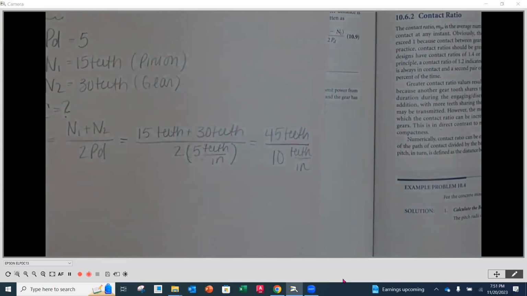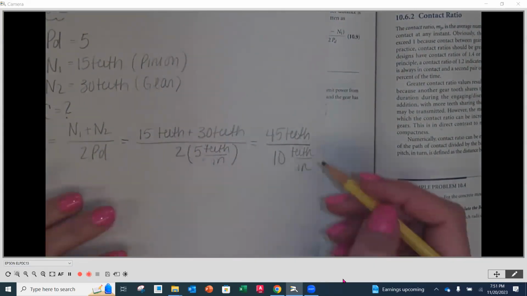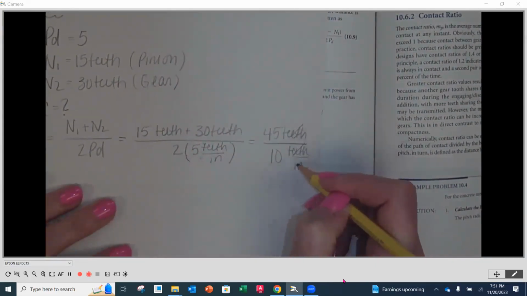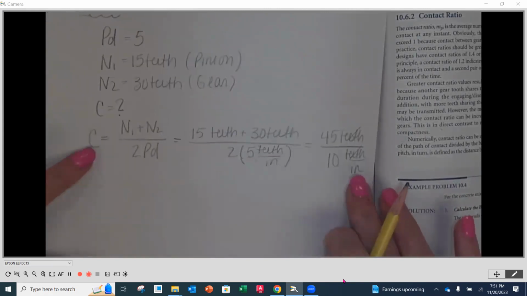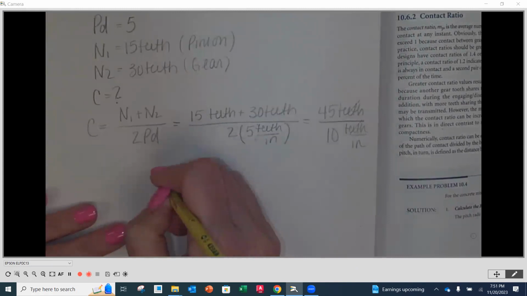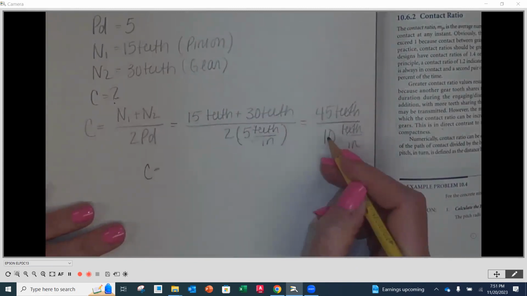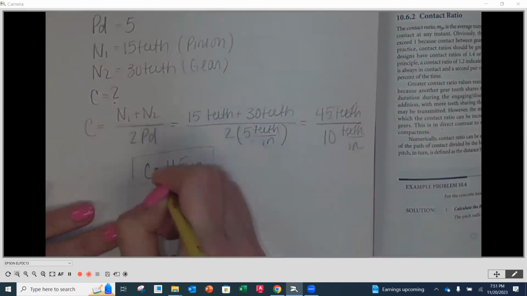You don't have to show all of these steps, but I want to show you the units so you can see how this works. The teeth cancel. Inches is in the denominator of the denominator, so it's a multiplication up on the top by inches, and for a center distance we are expecting inches, since that's a distance. So our C is 45 divided by 10, or 4.5 inches.